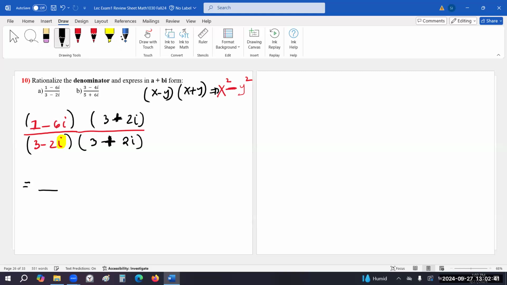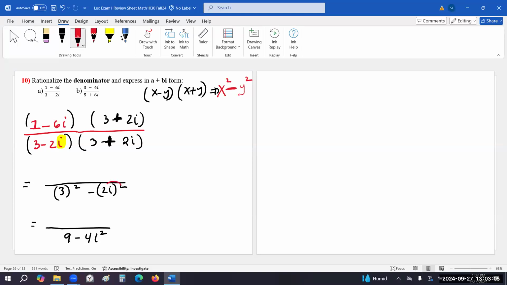So in the denominator, if we apply the difference of perfect squares, what do you get? The first one is 3 squared, and then we have 2i squared. That gives us 9 minus 4i squared.